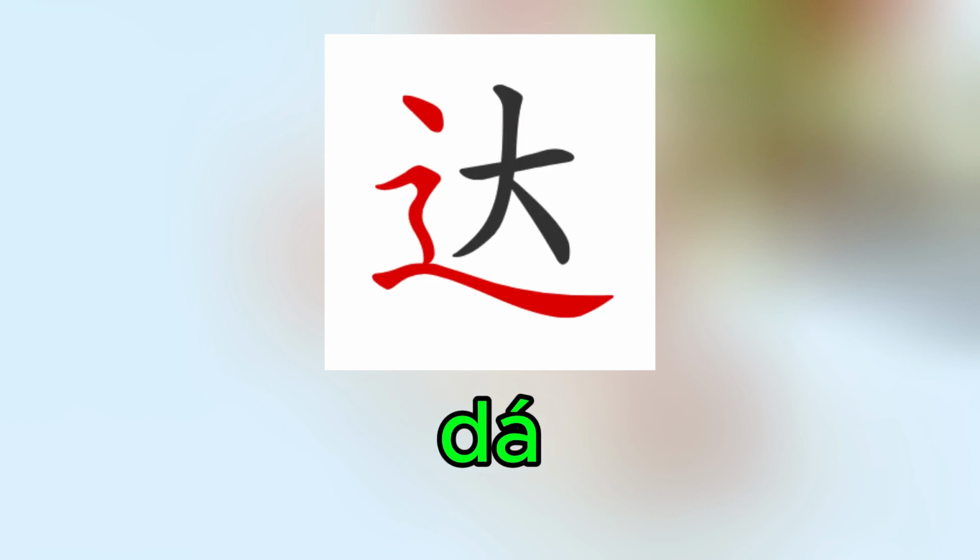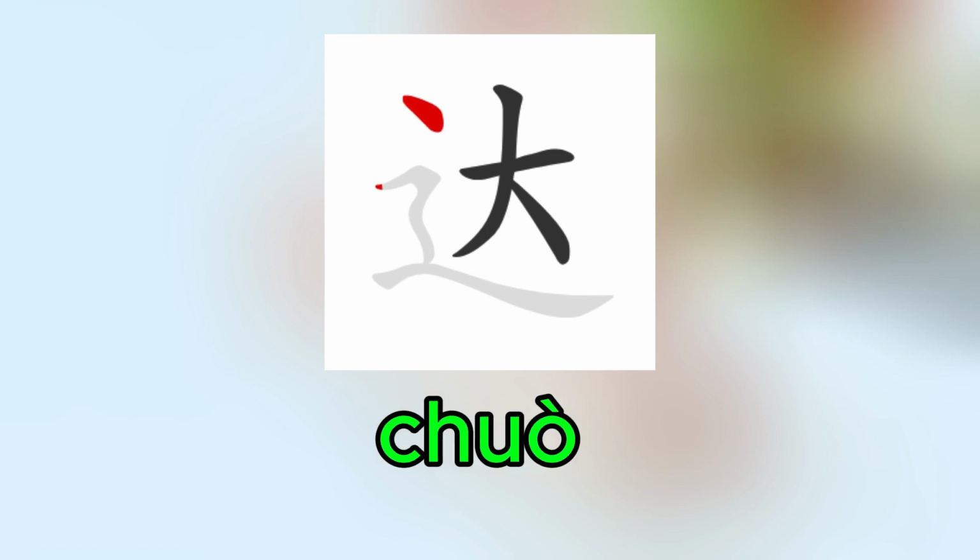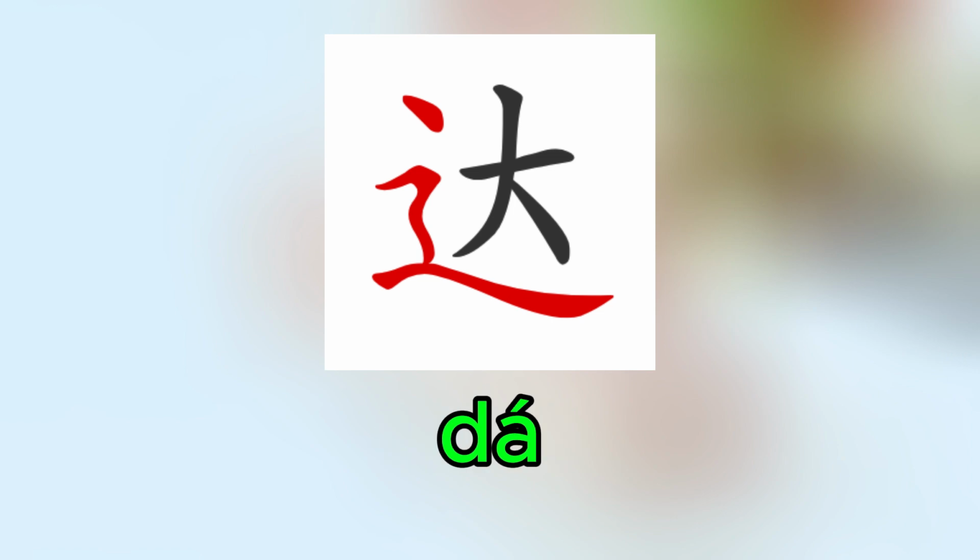Now, 达 also has two parts. Its right part is 大, which means big, a big achievement to arrive. Its left part is 辶, which means walk or movement. So, 大 gives us the sound, whereas 辶 provides meaning related to movement or path.